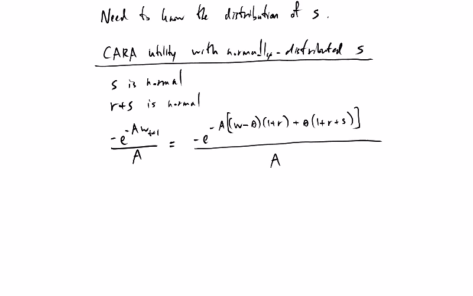So this whole bunch of stuff is normal, because you're just multiplying a normal distribution by a constant, and then you're adding a constant to a normal distribution, and both of these preserve the normality. So the whole wealth is normal. Wealth is normal.